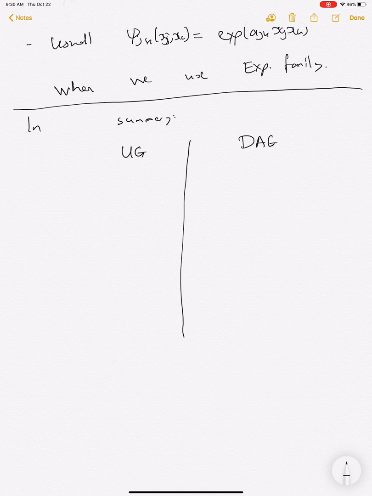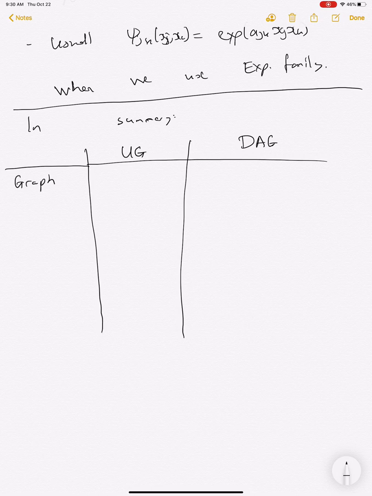We have the undirected graphical models and then the DAGs. There's the graph, and then there's the factorization.